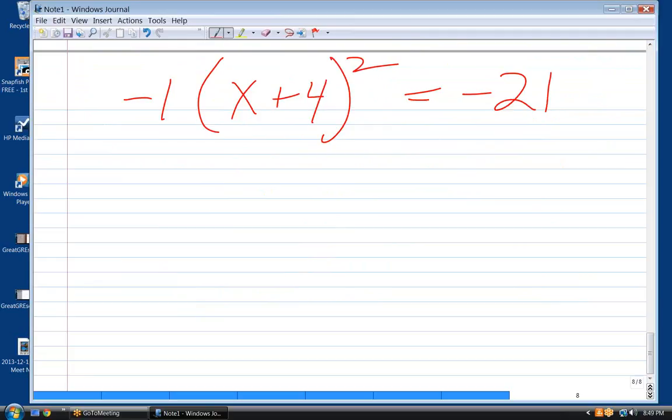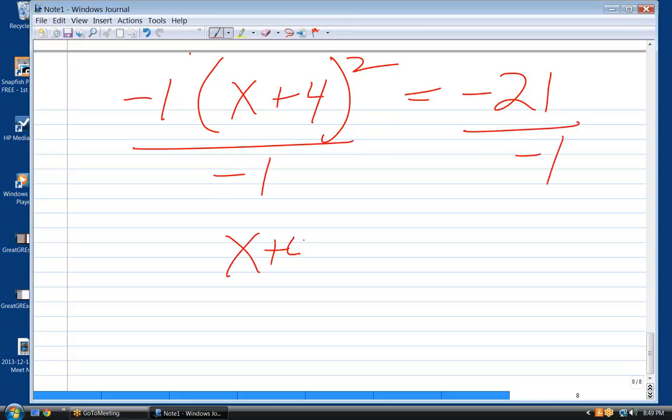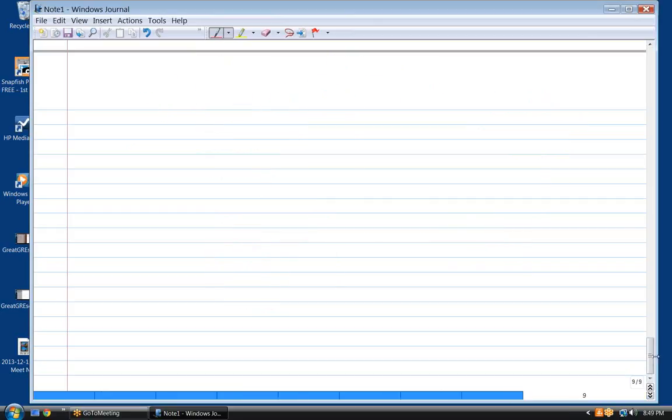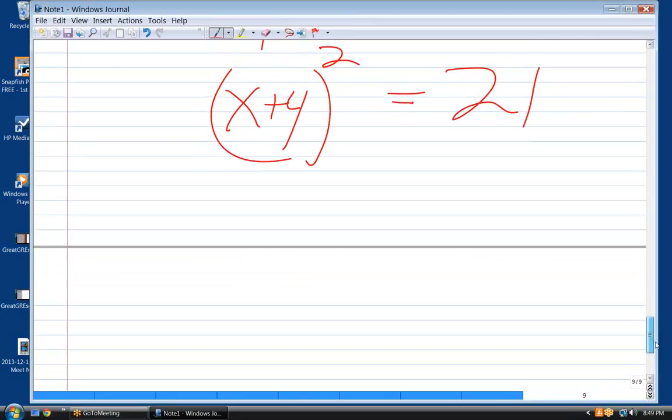No. Again, we want to try to isolate this so that the next to final step would be take the square root of both sides. So to isolate that, I've got to get rid of that negative 1. I can divide both sides by negative 1. That leaves on the left x plus 4 squared. On the right, 21. Now what?